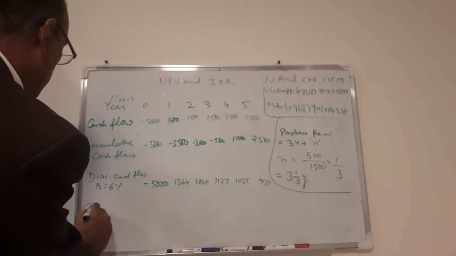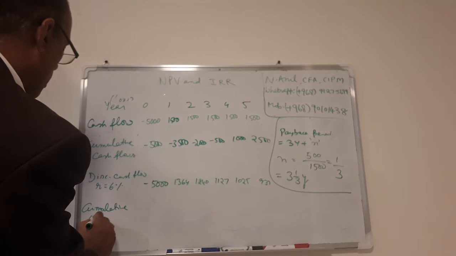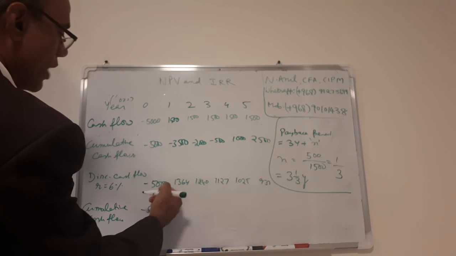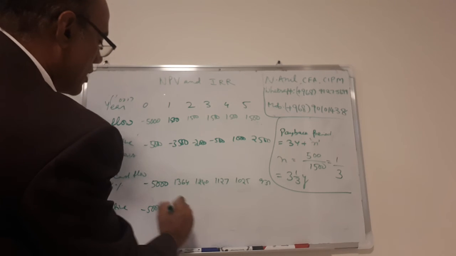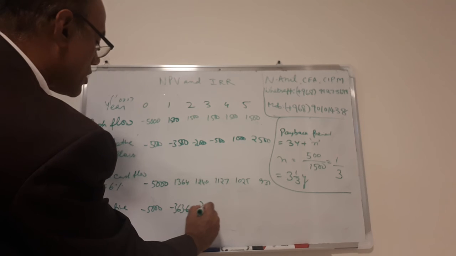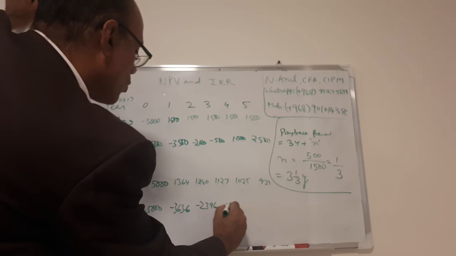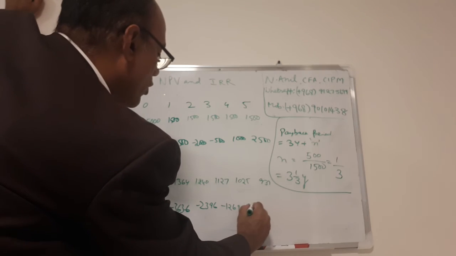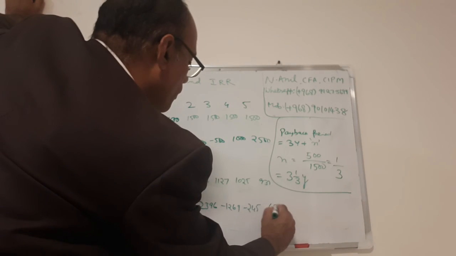Now you do the cumulative cash flows. Cumulative cash flows minus 5000, then you add this 1364, so minus 3636, then you add again, minus 2396, then you add again, minus 1269, then you add this one, minus 245, then you add this, 686.